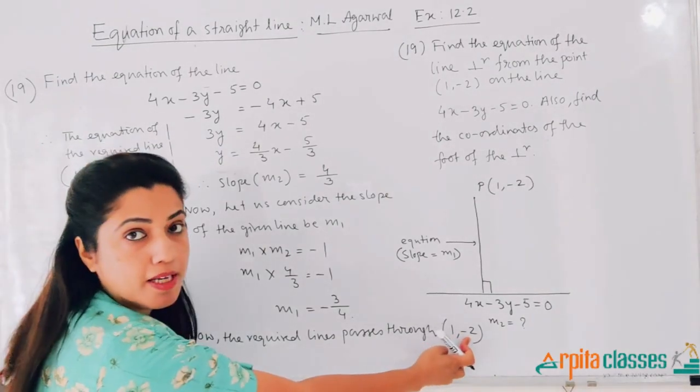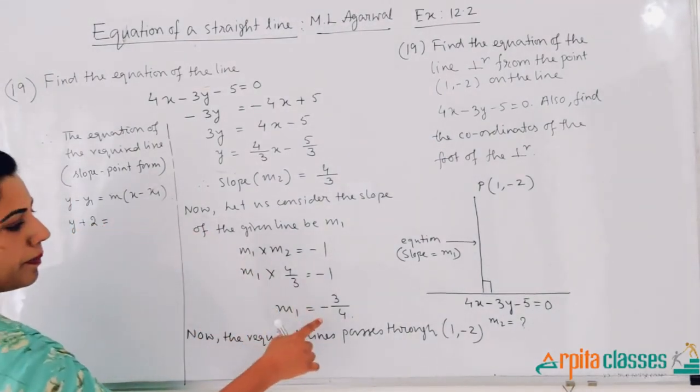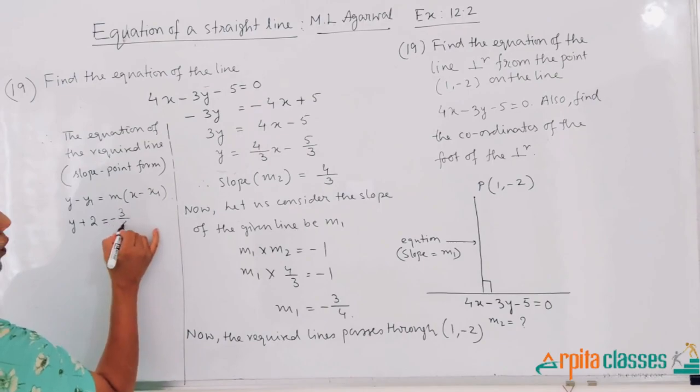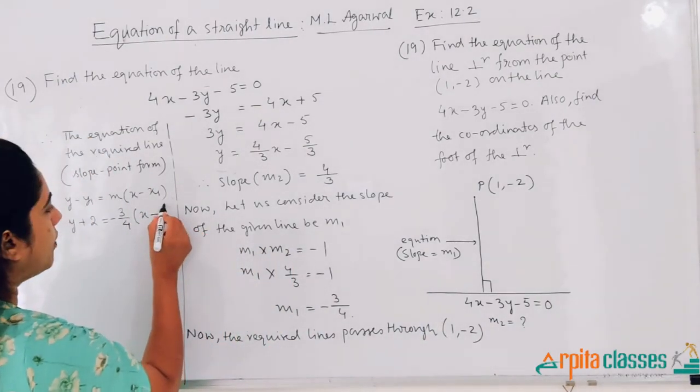We will consider y1 as -2, so it will be y + 2 is equal to m, and m is -3/4, times (x - x1), where x1 is 1, so put 1 over here.